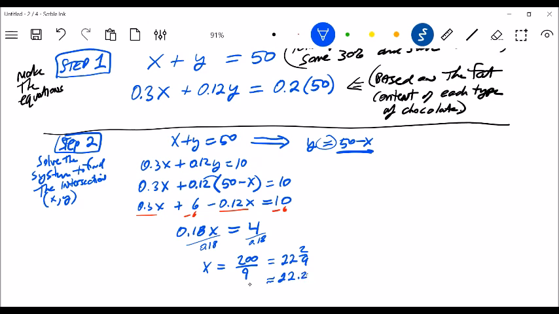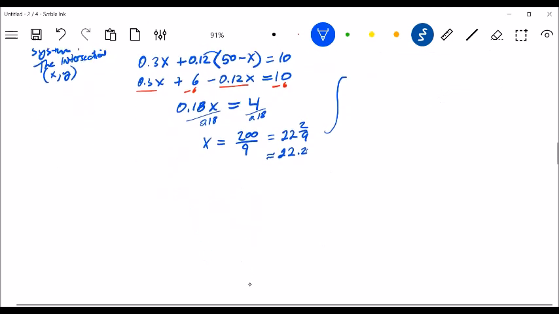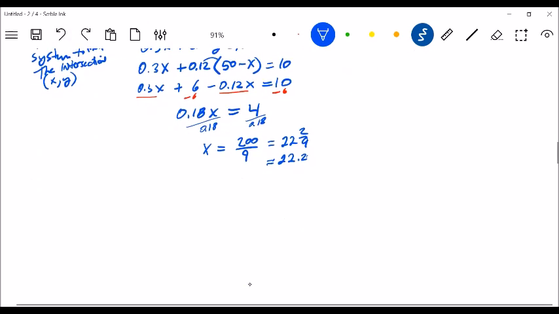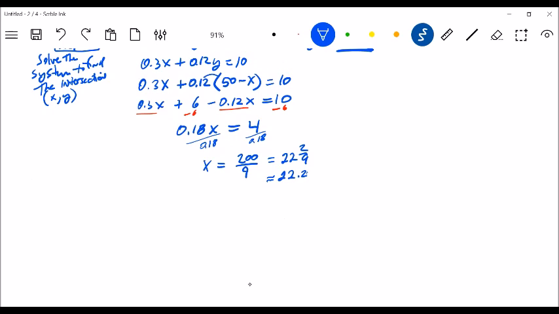It would repeat, so we'll just leave it at one decimal place there. Okay. Now that's what x is. Let's do the approximation, or we can do the fraction.